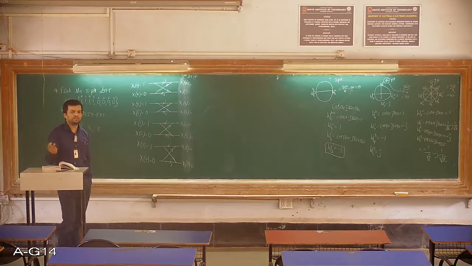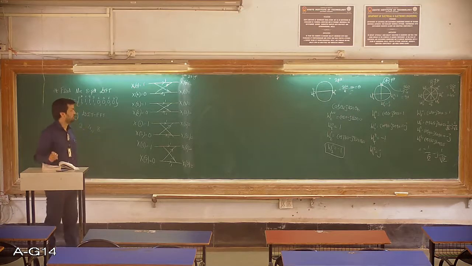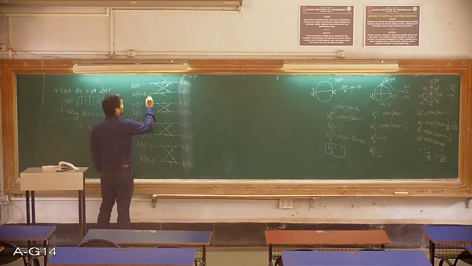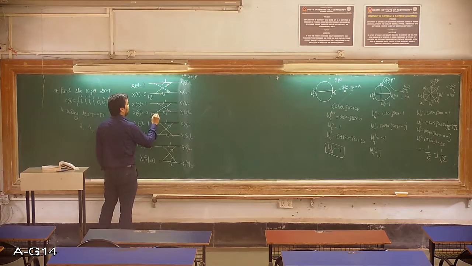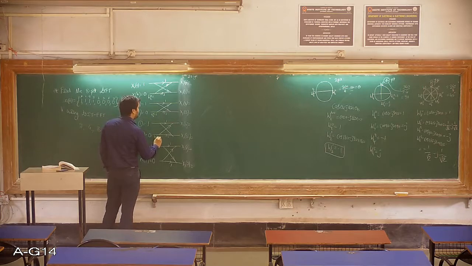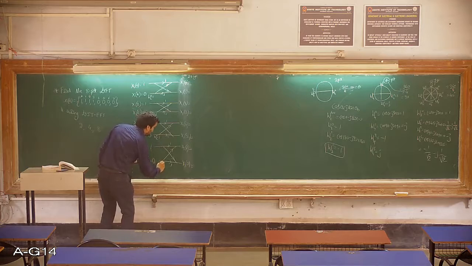For the 2 point, half of the points, 2 divided by 2, is nothing but 1, that is W2 of 0. W2 of 0 is 1.